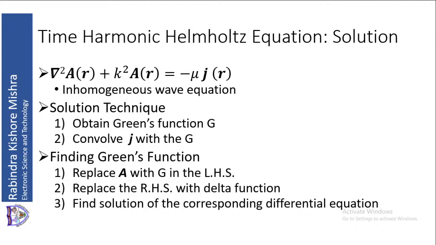Now how do we find the Green function? We replace A with G on the left hand side, replace the right hand side mu J by a delta function, and then find the solution of the corresponding differential equation.